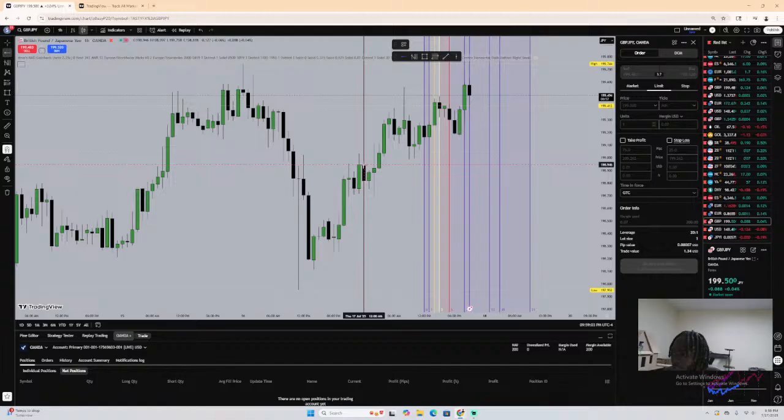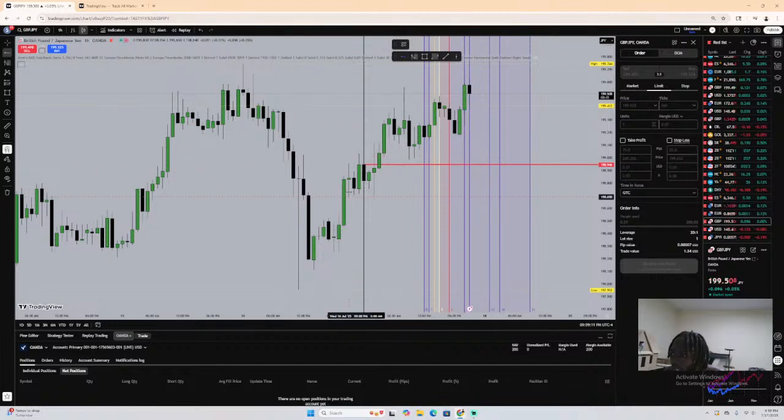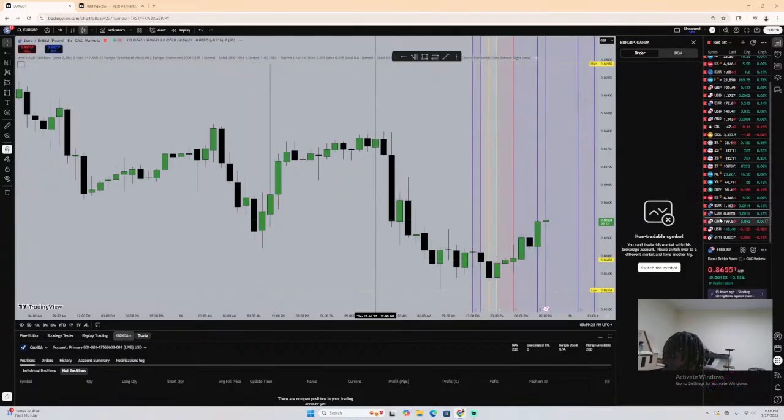12 a.m. opening price here, and then make that red. And then we have 9 p.m. yesterday. That is relatively close to 9 a.m. from yesterday, right? Let's take a look at that.